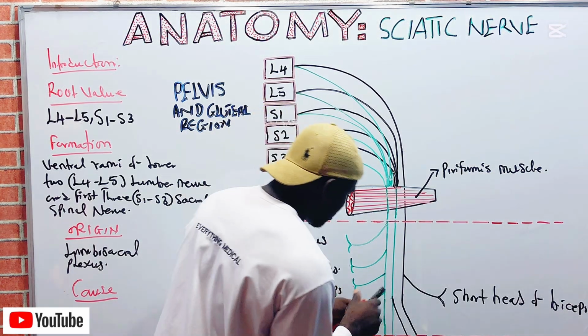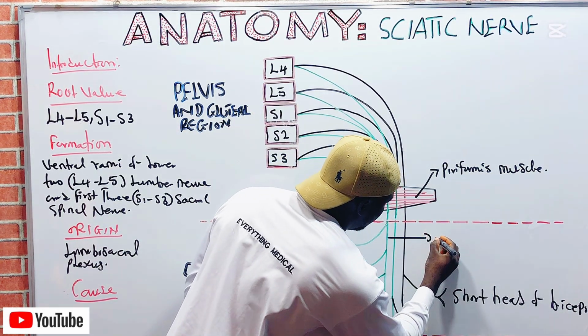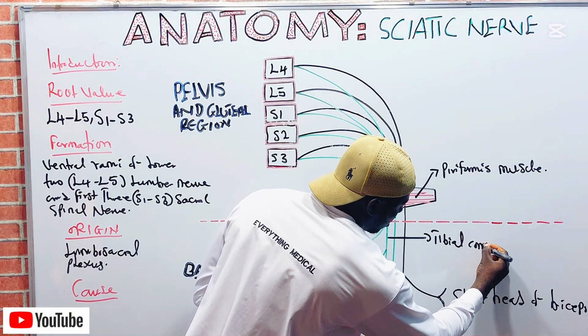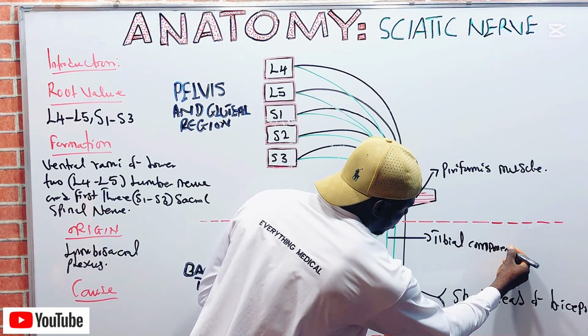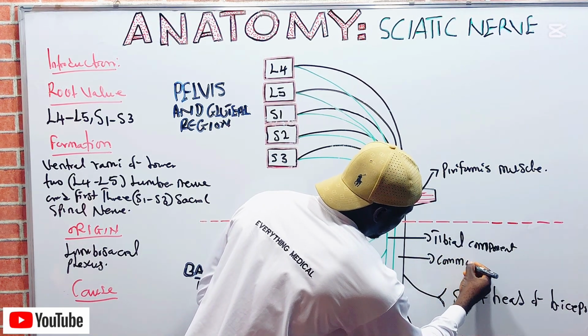Now, see it here. This is the tibial nerve, the tibial component, and here is the common peroneal component.